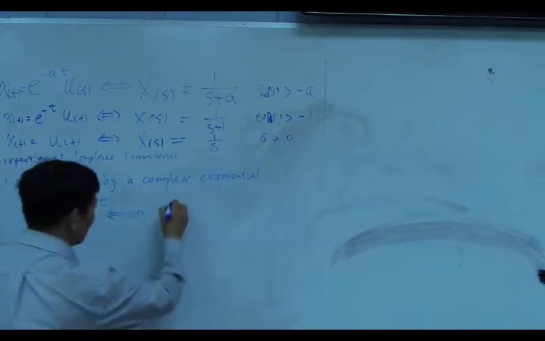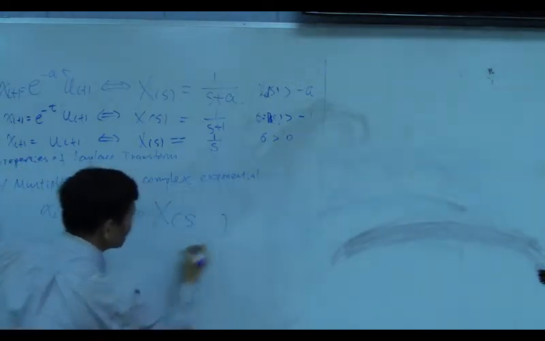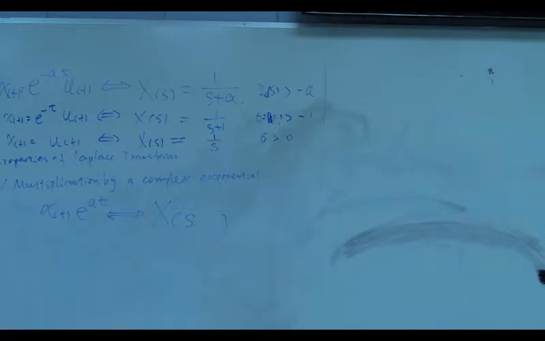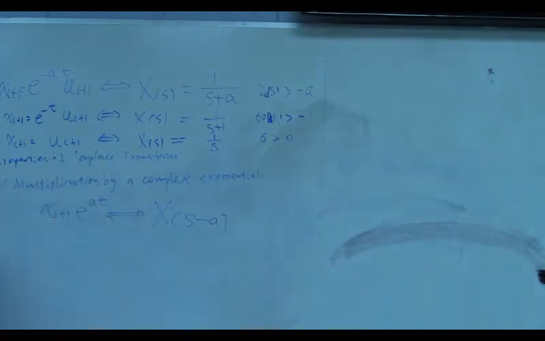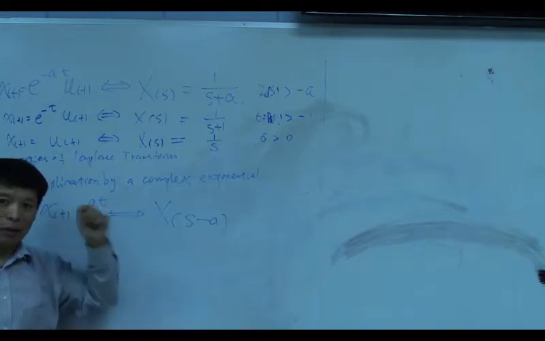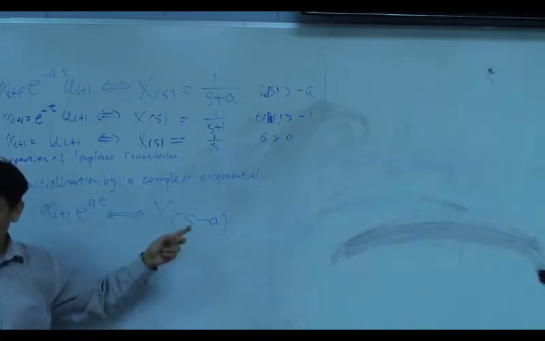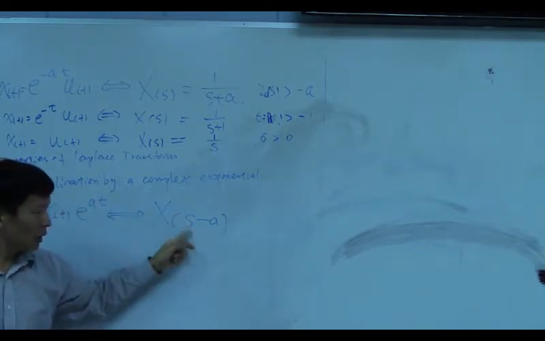This one is, okay, again, the original Laplace transform, but replace this s with s minus a. So easy. You don't need to calculate the Laplace transform of this directly. You know this, right? Just copy everything here, but change all the s into s minus a.